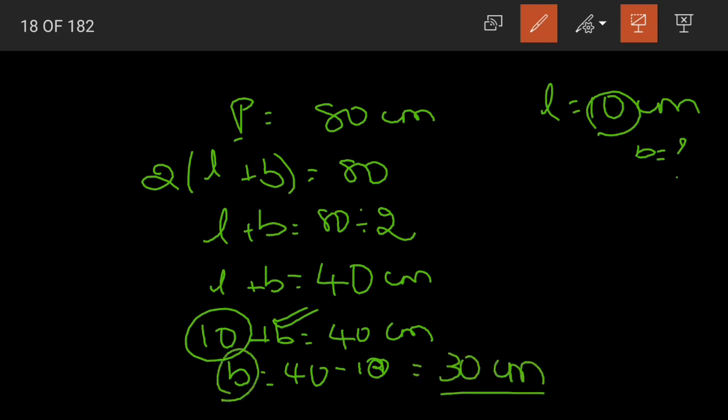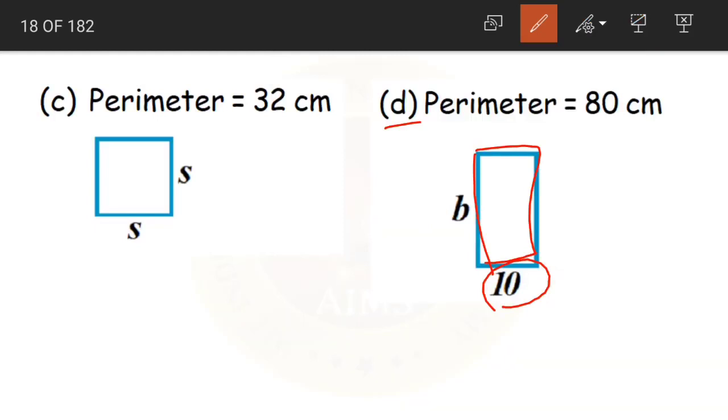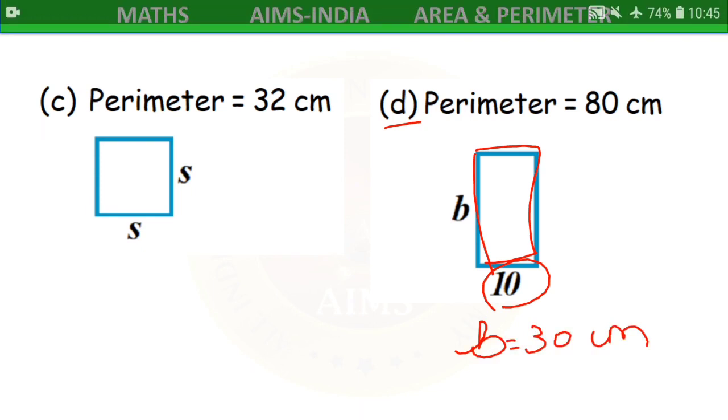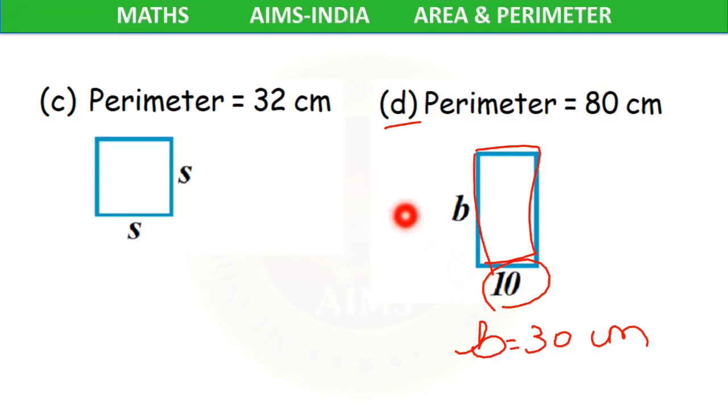The breadth of the given rectangle is nothing but 30 centimeters. I hope this is clear, children. Breadth is equal to 30 centimeters. So this is how we use the formula of perimeter of square and rectangle to find out the missing lengths.